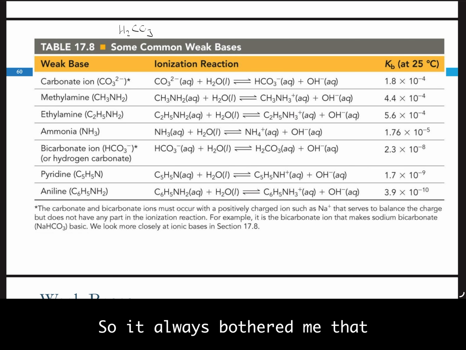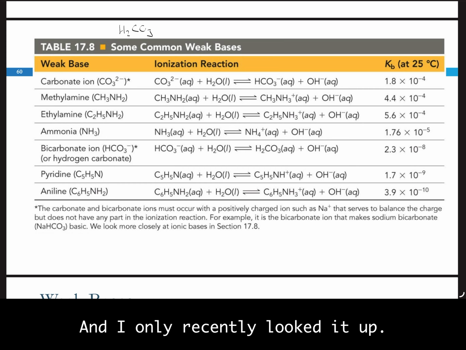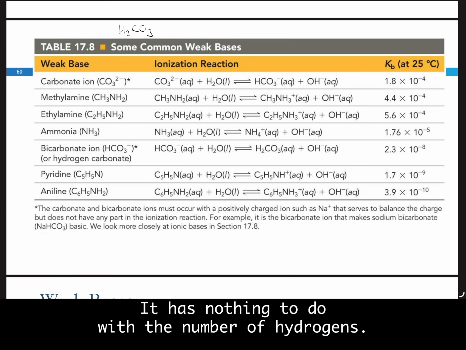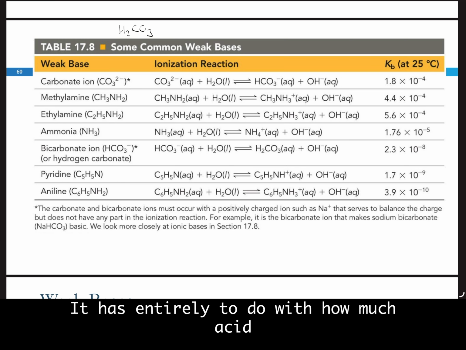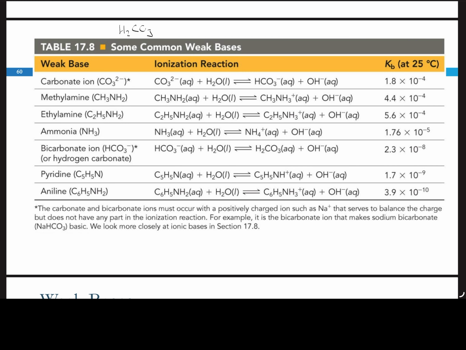Also, it always bothered me that bicarbonate is called bicarbonate, and I only recently looked it up. It has nothing to do with the number of hydrogens. It has entirely to do with how much acid it neutralizes compared to carbonate. So carbonate, CO3 2 minus, is a base.